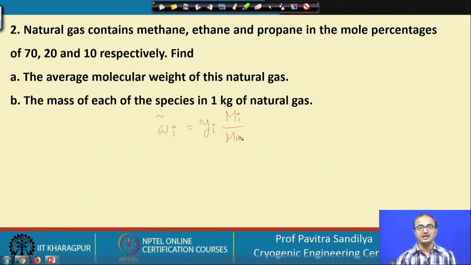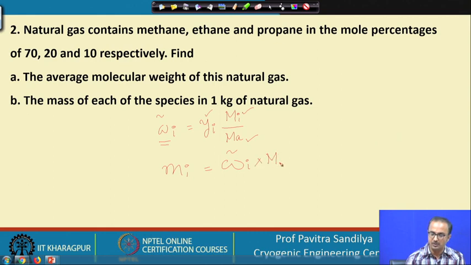In this case everything is known to you: you know yi, you know Mi, and you have determined Ma earlier. You plug in the values, you get the value of omega i, and the mass of each species will be omega i into the total mass, and this will give you the mass of each species in 1 kg of the natural gas mixture.